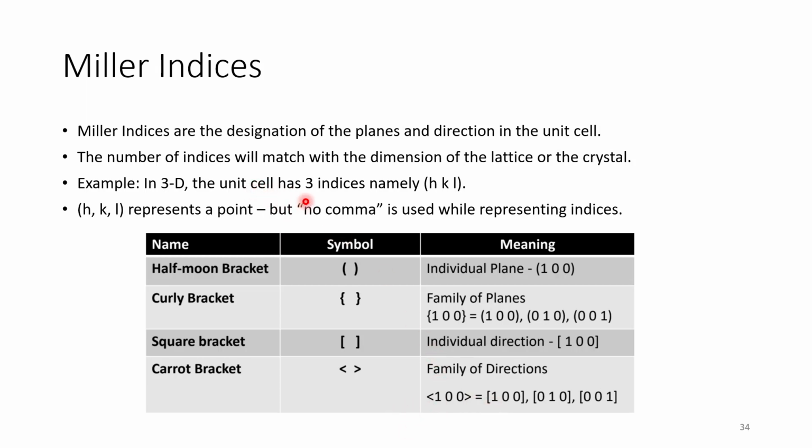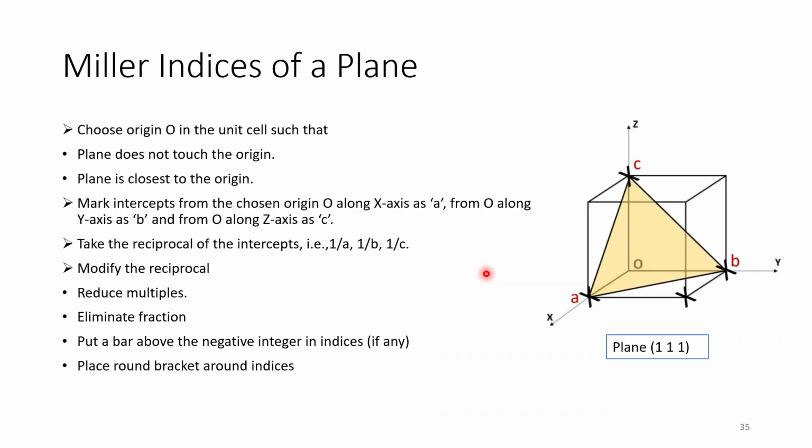If there is no comma, then it will be Miller indices. So these are various symbols that I used. The round bracket is used for an individual plane, curly bracket is used for a family of planes, square bracket is used for an individual direction, and angular bracket is used for a family of directions.